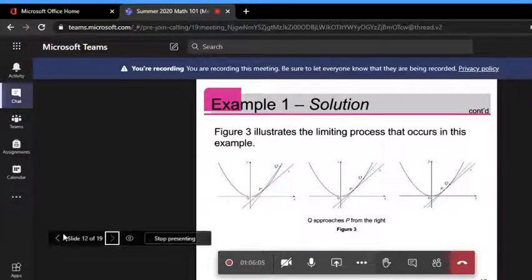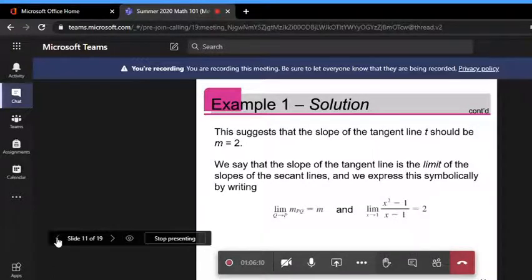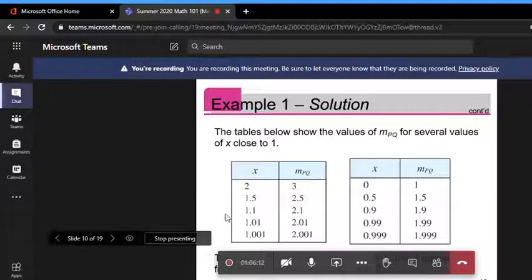So they started to calculate the slope of the secant line each time. This is the slope of the PQ secant line. x is the x-coordinate of Q. Whenever the x-coordinate for Q is 2, the slope is 3.